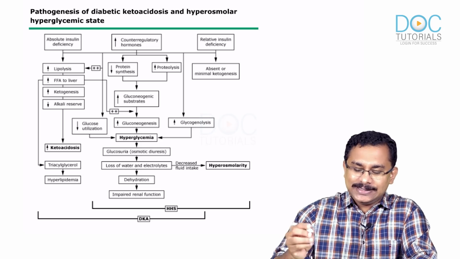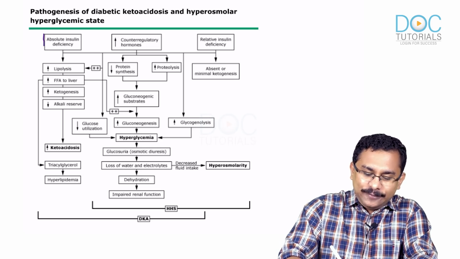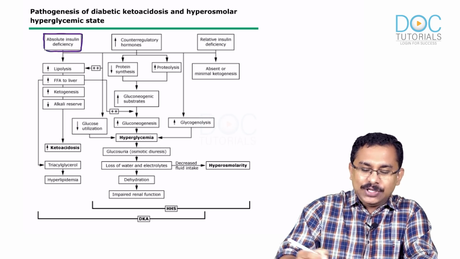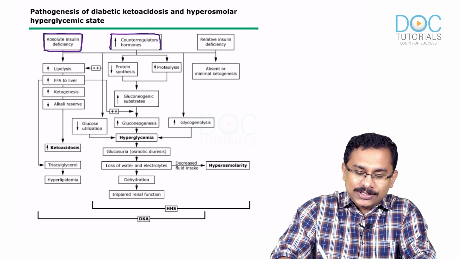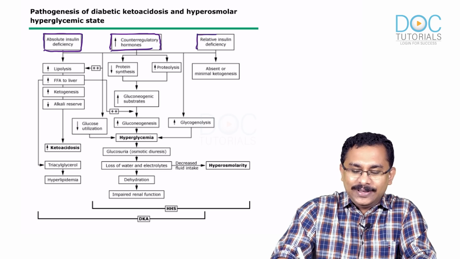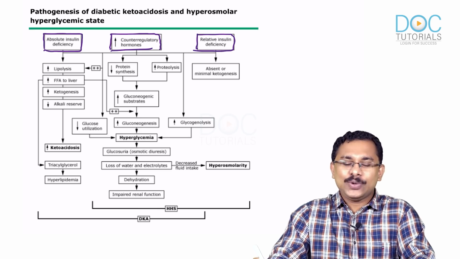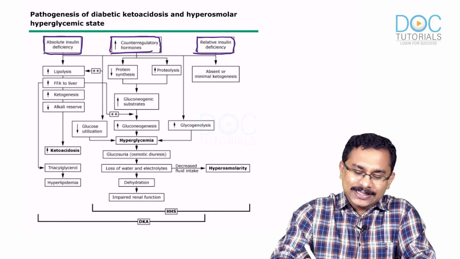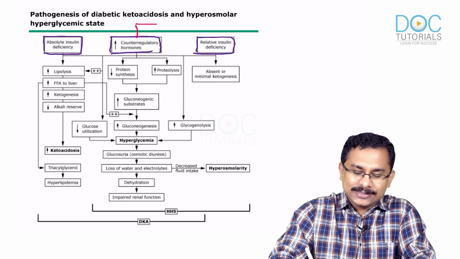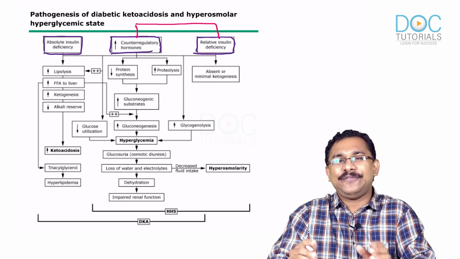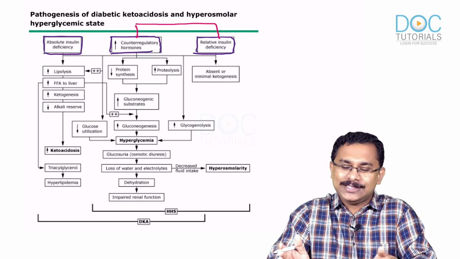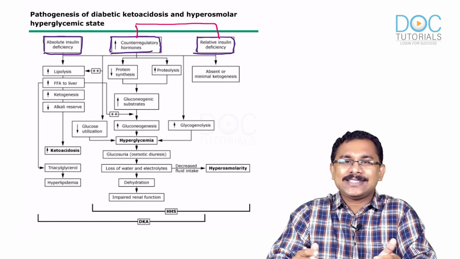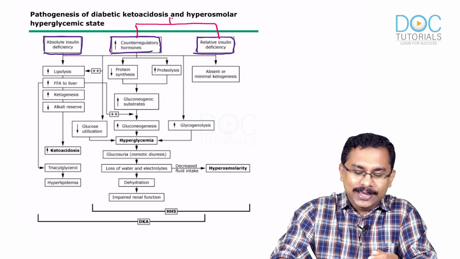Here there are three factors: absolute insulin deficiency, counter regulatory hormones, and relative insulin deficiency. In HHS, the relative insulin deficiency, because it most commonly occurs in type 2 diabetes mellitus, and the increased counter regulatory hormones play an important role.